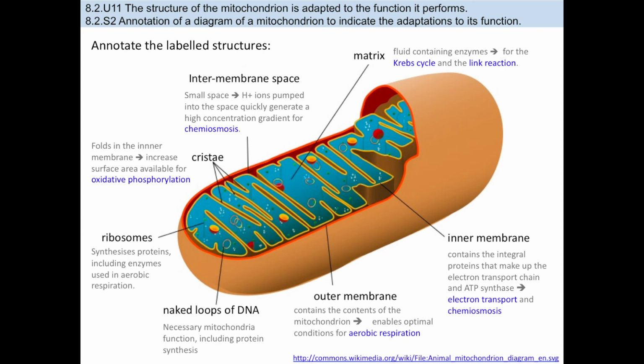If it's big, it takes a while for all those protons to accumulate and form a gradient. So in the intermembrane space, it says there's a small space so that the protons pumped into the space can quickly generate a gradient. Why do we need a gradient? For chemiosmosis, so that you can generate ATP.